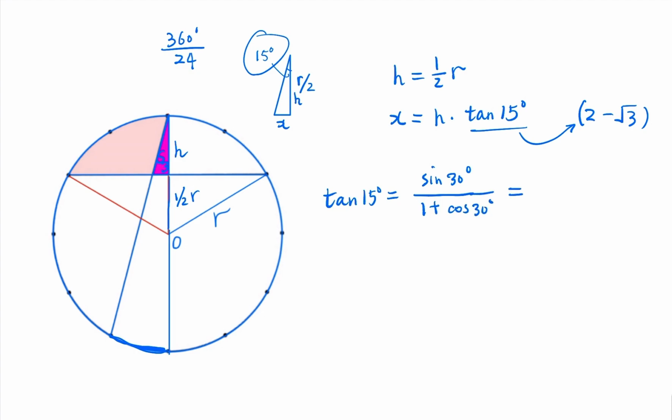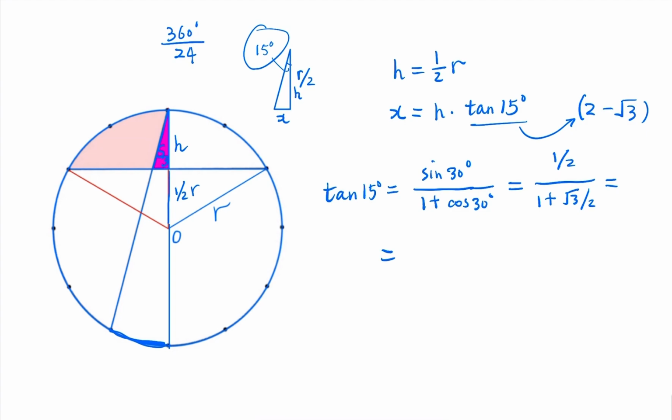Plug in the numbers: 1/2 over 1 plus square root of 3 over 2. Multiply by 2 and that becomes 1 over 2 plus square root of 3.